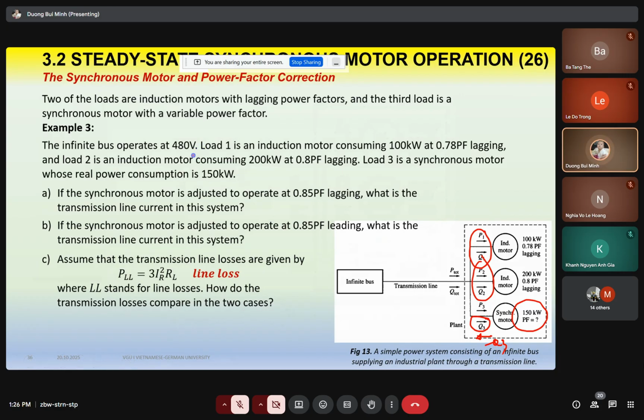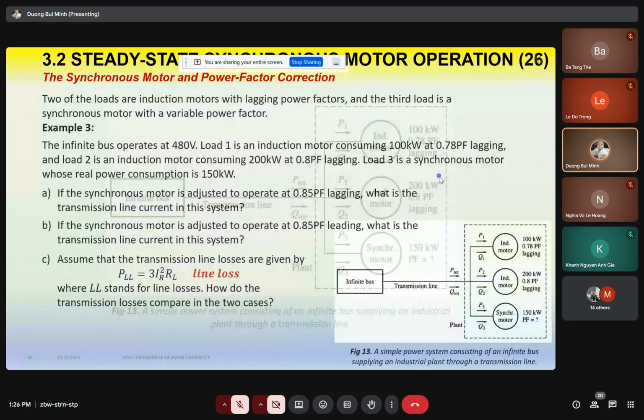We have this infinite bus operating at 480 volts. Load 1 is lagging, so that means it consumes P1 and Q1. This is 100, so 100 plus jQ1. How about Q1?